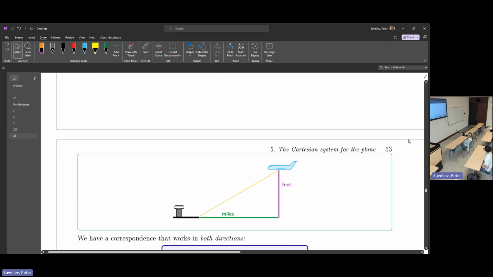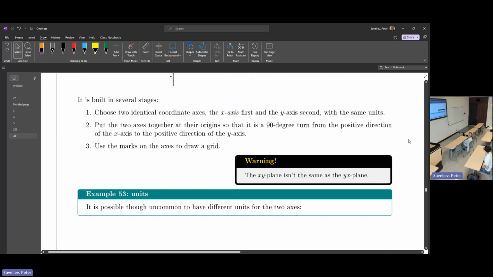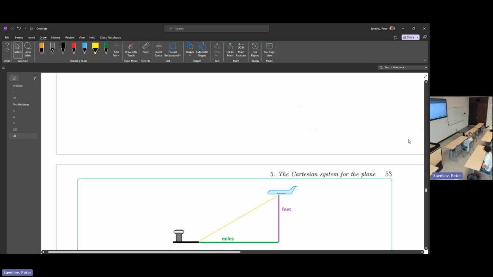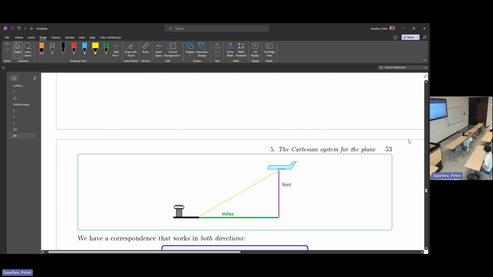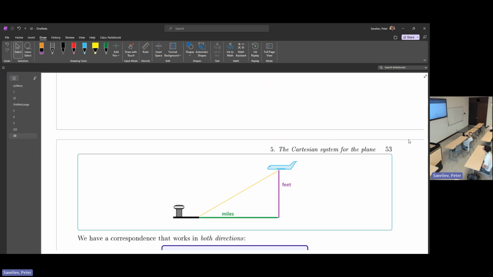Just a warning that sometimes the grid that we superimpose on top of the nature around us has no match. For example, if for an airplane the distance is measured in miles, but the elevation is measured in feet.